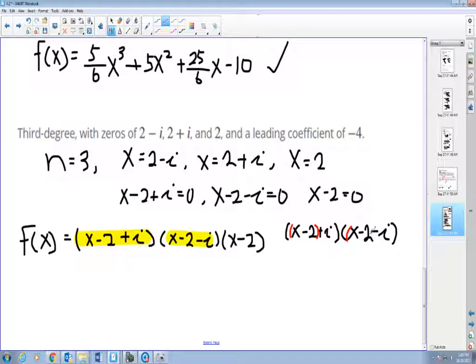If I look at x minus 2 together, what this whole thing looks like is a plus b times a minus b. That becomes a difference of squares, where my a is x minus 2. Difference of squares: a squared minus b squared, and my b represents i.